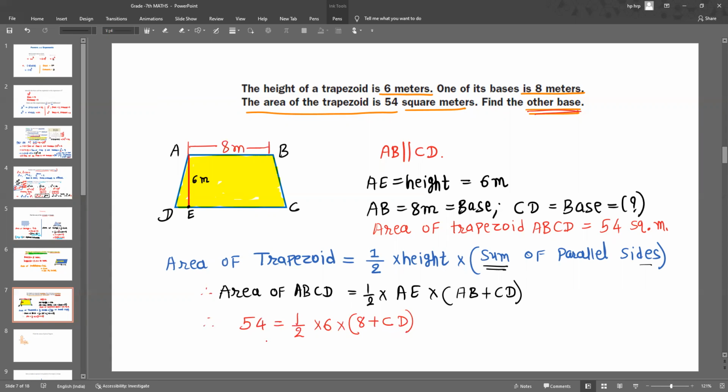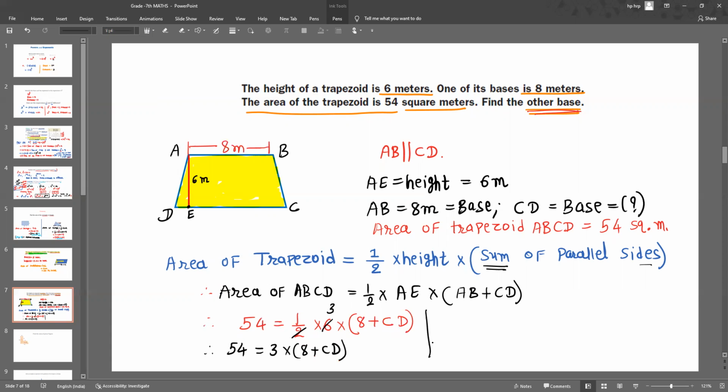First of all, we have to simplify this. 6 divided by 2 we have, so this can be cancelled out and we get 3. So here we have 54 equals 3 multiplied by (8 plus CD).